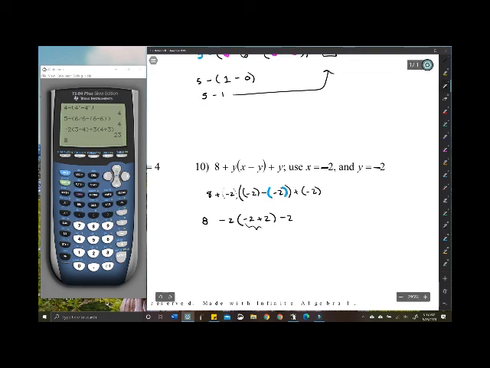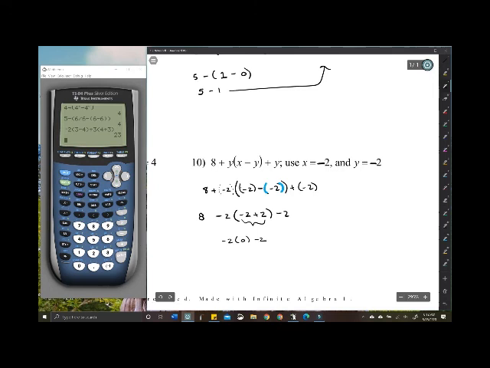Again, we're still going to do order of operations. So negative 2 plus 2 is 0. So it's negative 2 times 0. So really, it's going to be 8 minus 2, because really that's 0, which is 6.